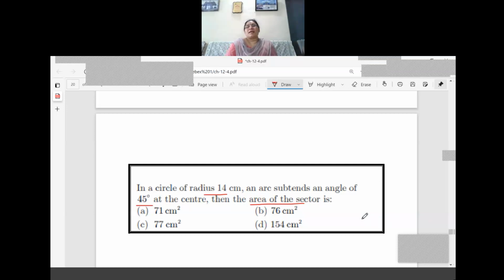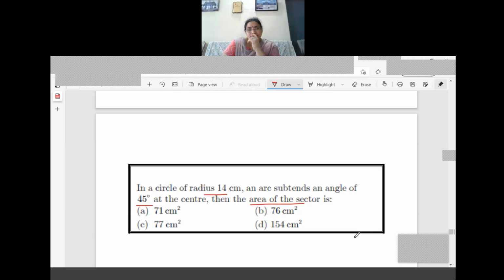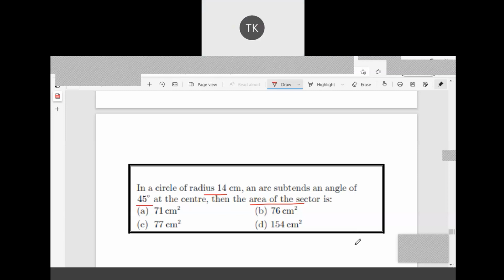Centimeter square, Abhiram. Yes, it is area, so centimeter square only is the answer. Okay, 77. All are getting 77? Yes, ma'am.